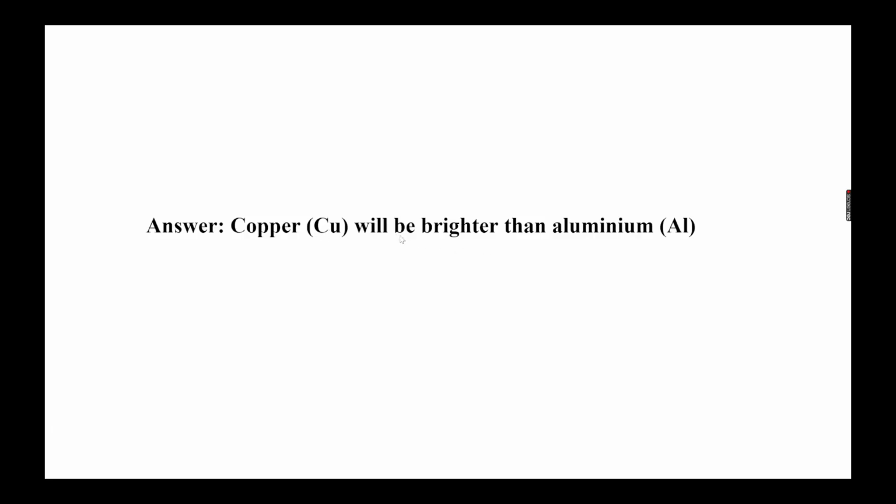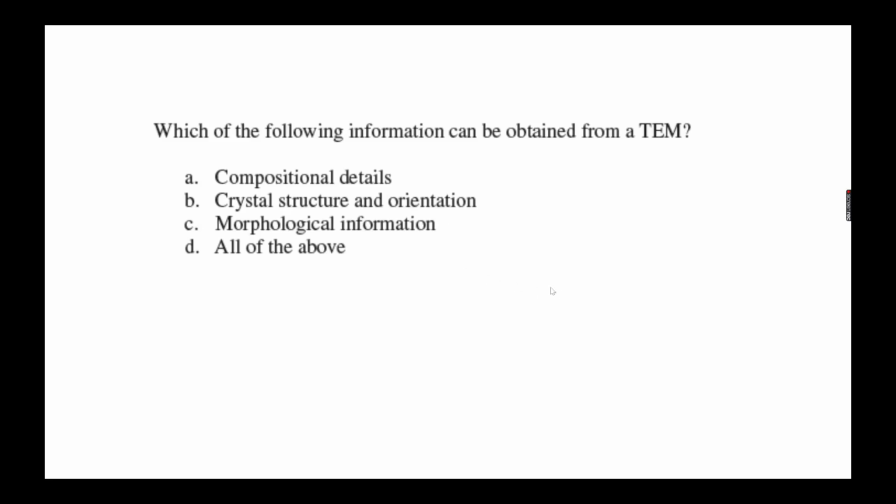So here the copper will be brighter and the aluminum will be darker because of the difference in the atomic number effect. But just be aware, as I took one question previously, this is the high angle scattering mode. Okay, so you also need to consider why this is happening.